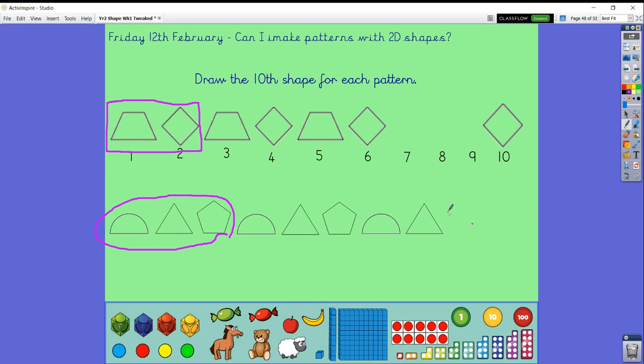Semicircle, triangle, pentagon is number 9. So semicircle is going to be number 10. Let me grab my special snipping tool to grab a semicircle so we can draw that one. Brilliant. So number 10 is our semicircle.